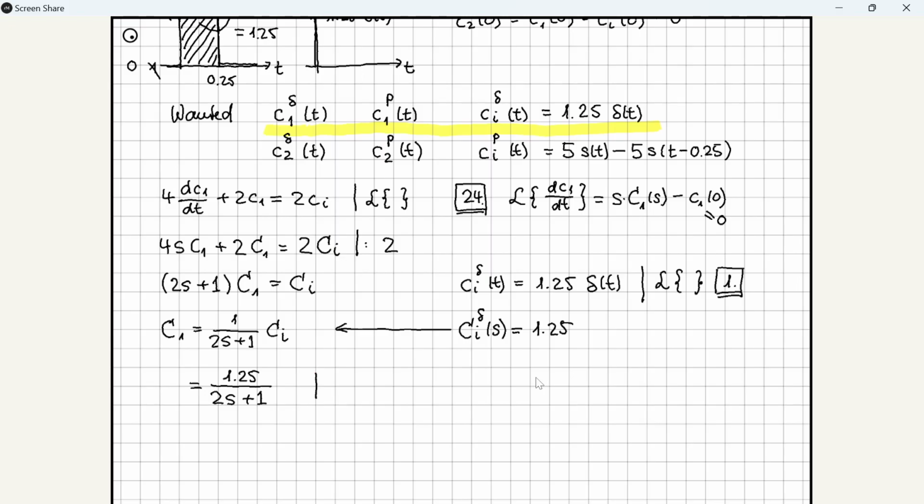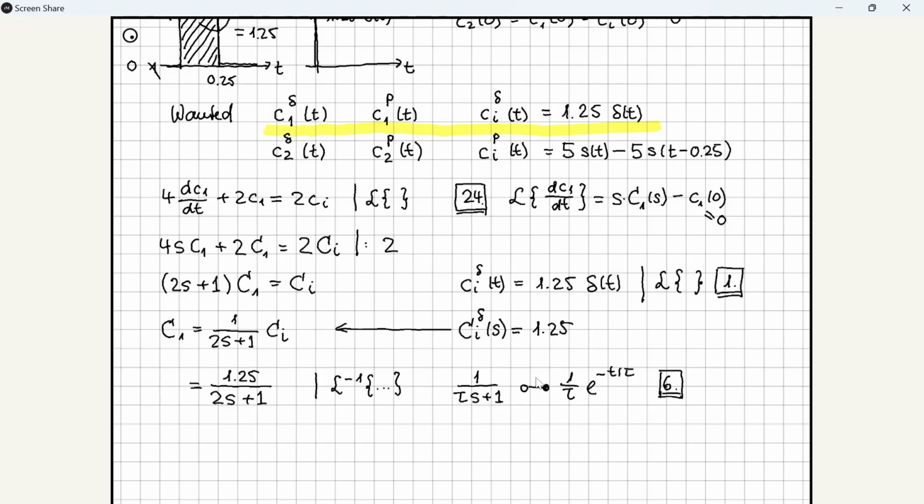Now I can do the brave step and do the inverse Laplace transform. And I need to look into my table, and I'll find that if I have the form 1 over tau s plus 1, it corresponds in the time domain to 1 over tau e to the minus t divided by tau. And that is rule number 6.